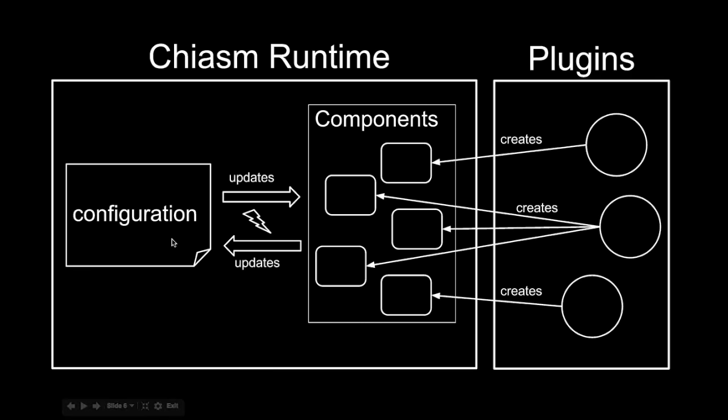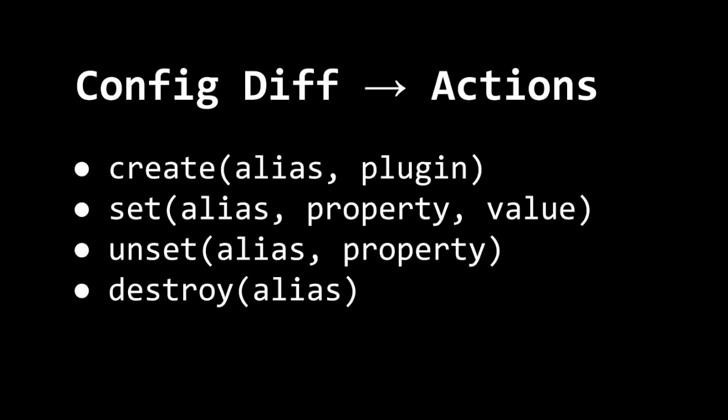When the configuration changes, it detects, because there's a function in Chiasm called compute config diff, where you give it an old config and a new config, and it will generate this array of action objects. And then for each action object that is a create, it will invoke the plugin which creates an instance of Model.js.